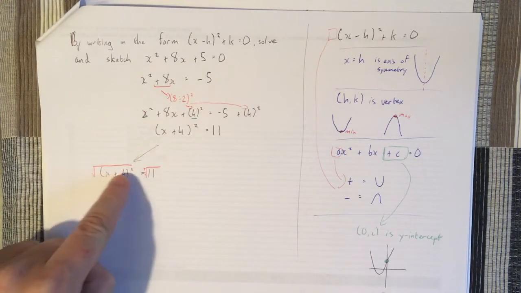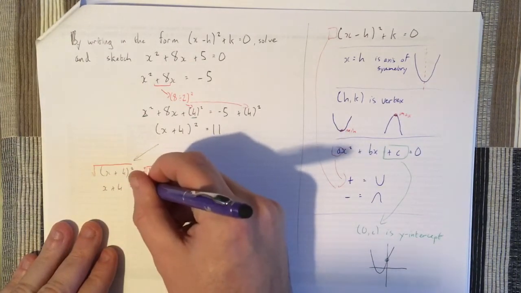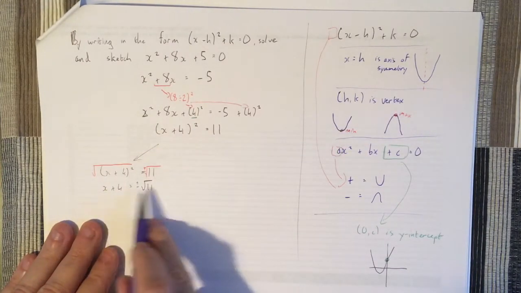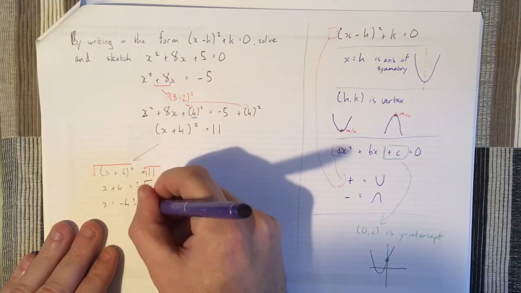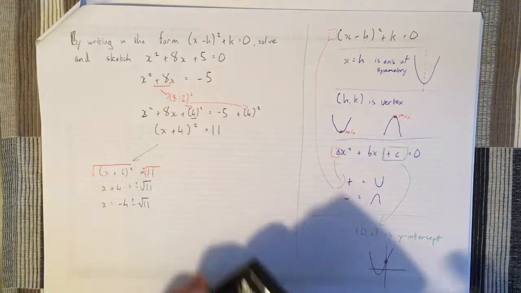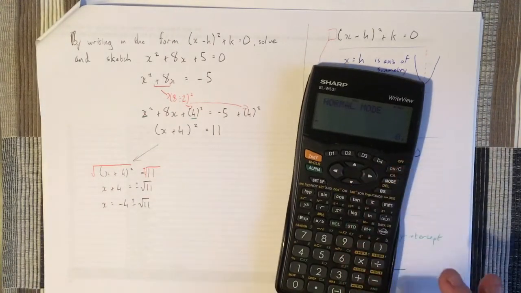Okay, so the square root and the square here cancel each other out, and you're just left with x plus 4 is equal to plus or minus root 11. Bring the 4 over, x is equal to minus 4 plus or minus root 11. There's your solution in surd form. For sketching it, I'm going to work it out in decimal form.